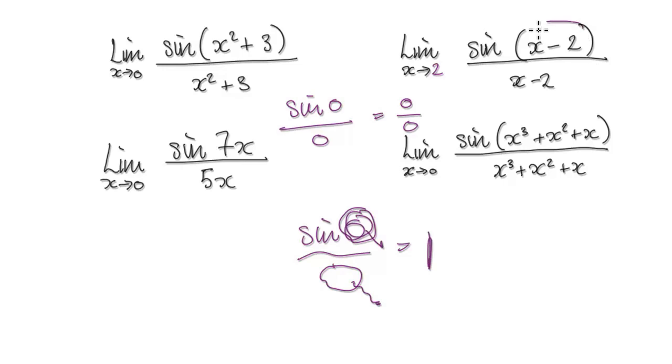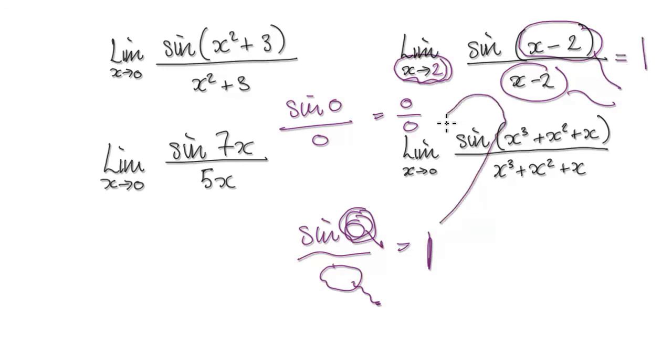So here, these two are heading towards 0, and they're on par with each other. So as x heads towards 2, we can conclude that the limit is actually 1, even though we're dividing by 0.